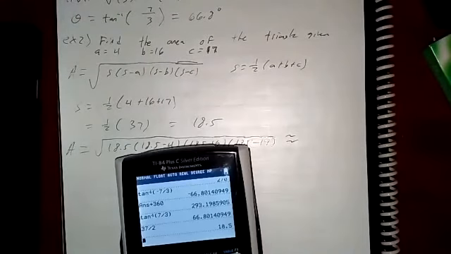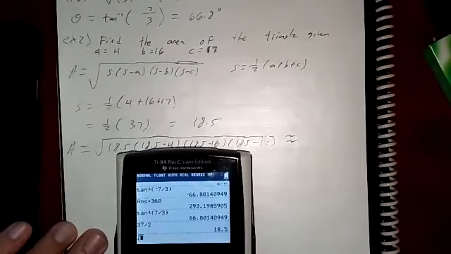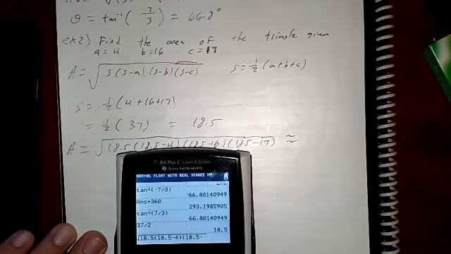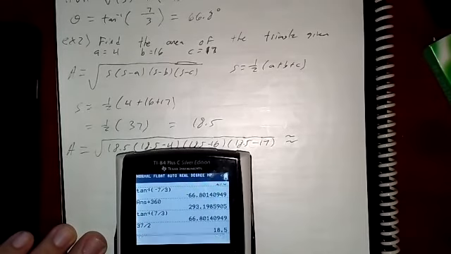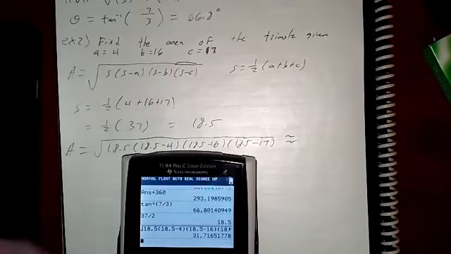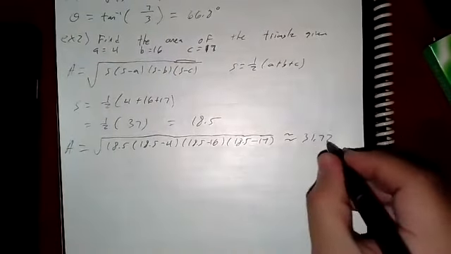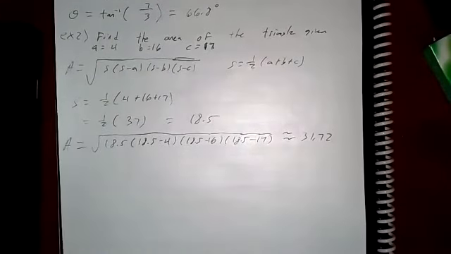I don't know what that is, but let's plug it in here. 18.5 times 14.5 times 2.5 times 1.5. So the area is 31.72 units squared.